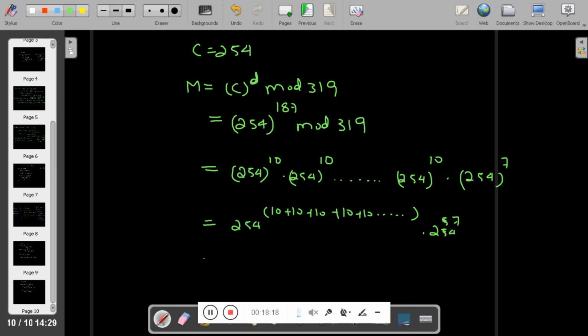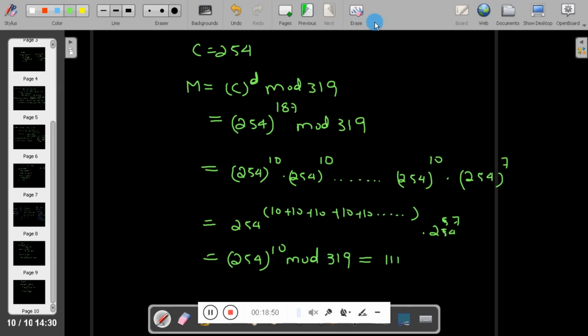When you find 254 raised to the power 10 mod 319, you will get the answer 111. So I can write 254 raised to power 10 is equal to 111.